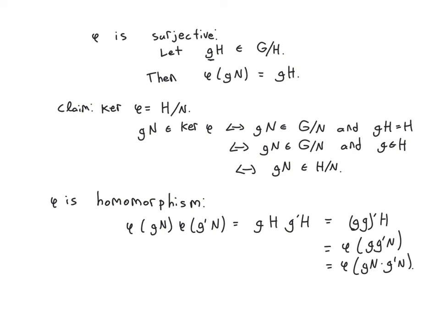So congratulations, it's a homomorphism. So the first isomorphism theorem tells us that our domain, which is G mod N, modulo the kernel, which is H mod N, is isomorphic to the image, which, because we're surjective, is the whole codomain, which is G mod H. So there's the proof of the third isomorphism theorem.